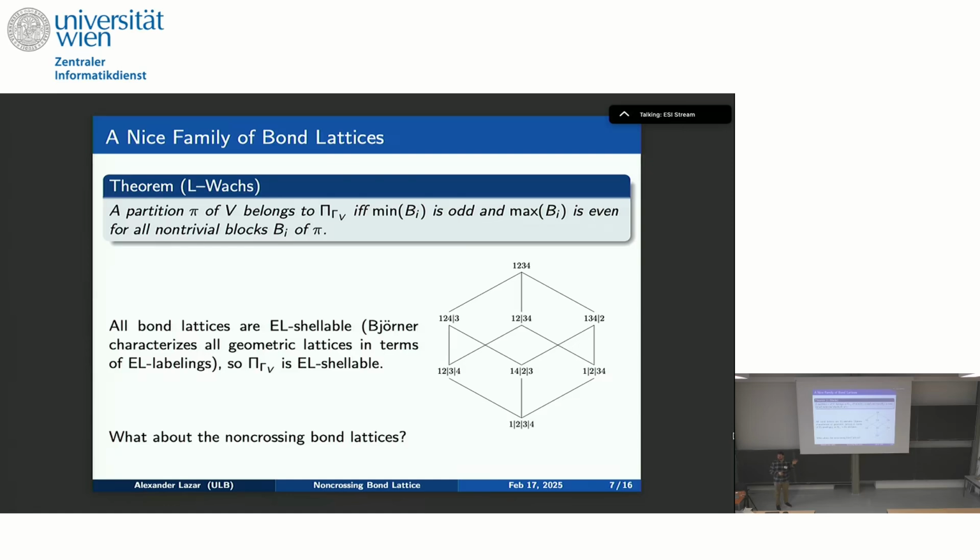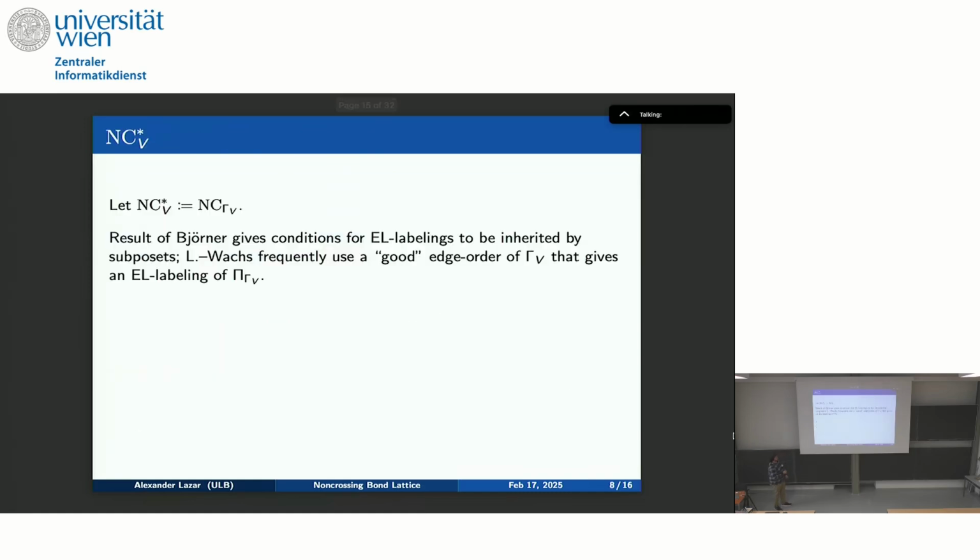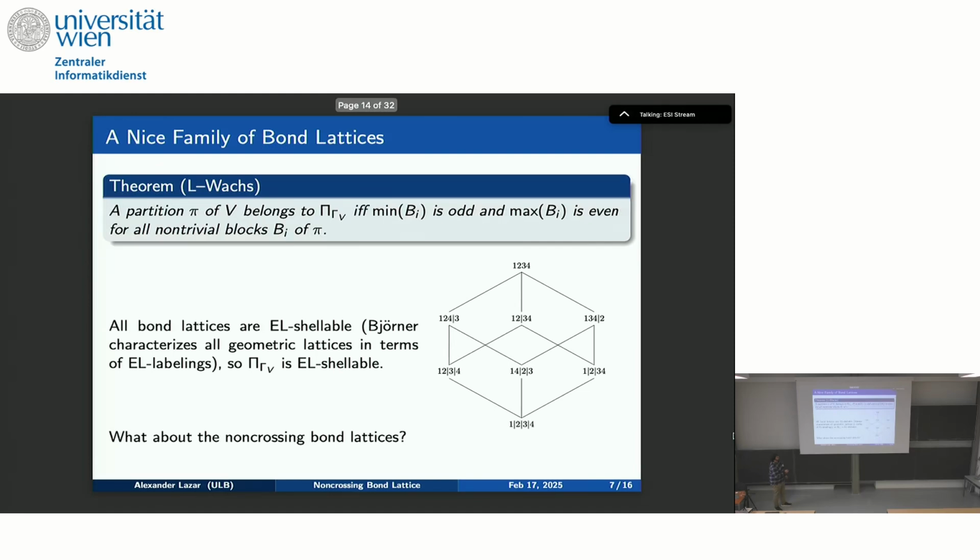They can lose all kinds of the nice properties that both non-crossing partitions and bond lattices have. So I'm going to let NC star of V be the set of non-crossing set partitions on V that also have this parity condition. So the intersection of this with the non-crossing partitions.